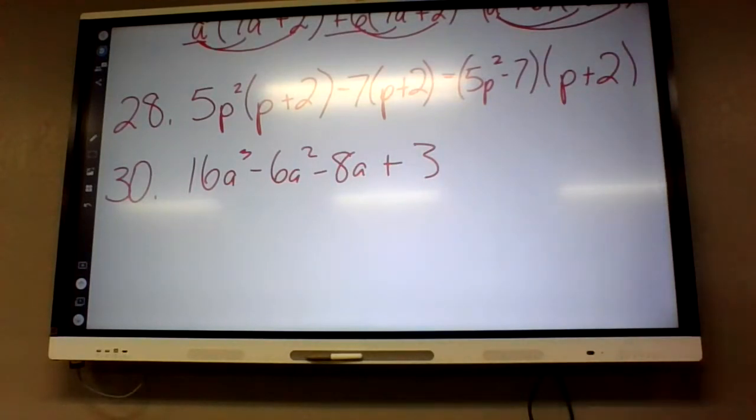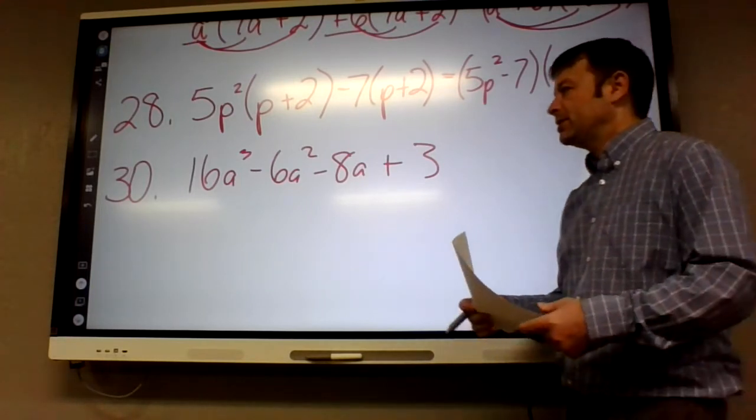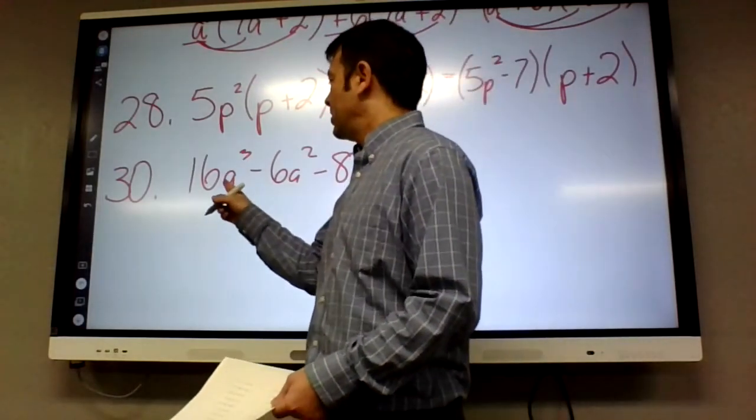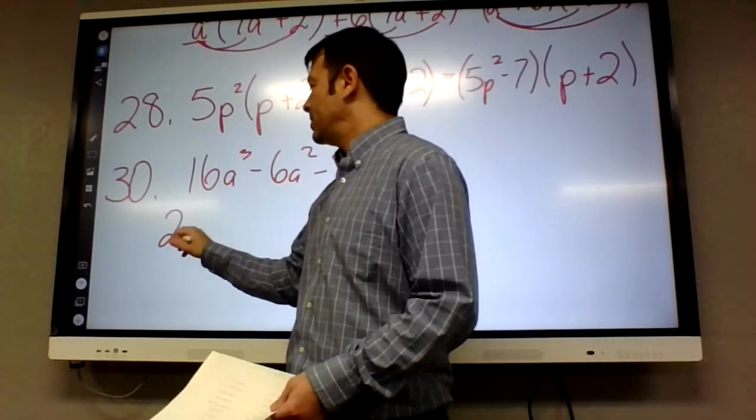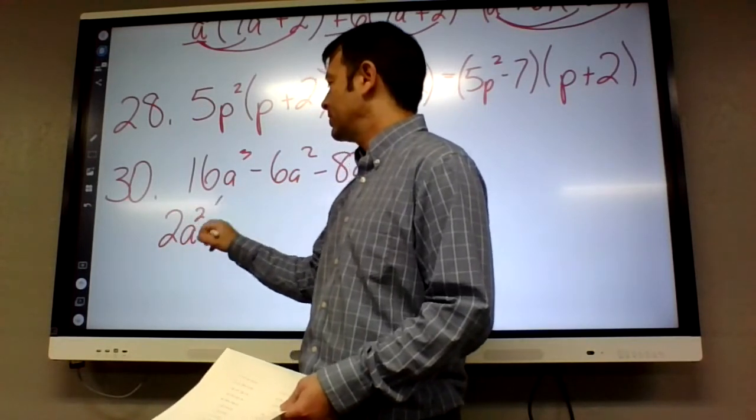Okay, what comes out of the first two? What goes into 16 and 6? 2, just 2. 3 doesn't go into 16. So I'm going to take a 2. How many a's can I take out of these two? 2, so I'm going to take out 2a squared.